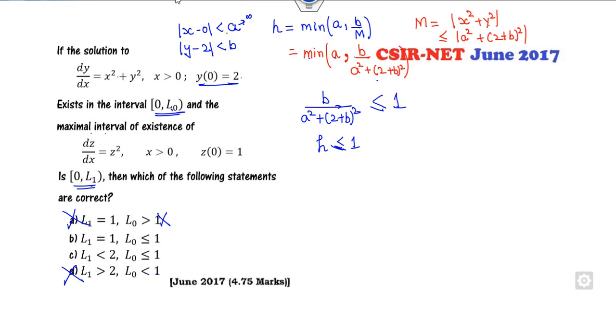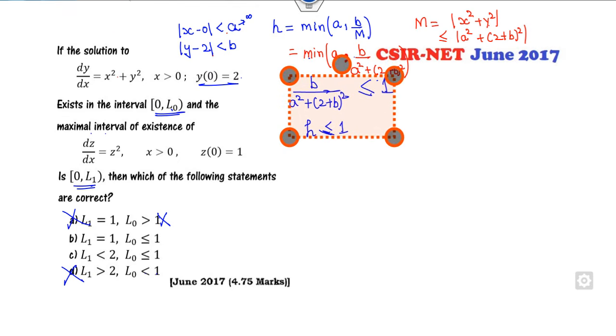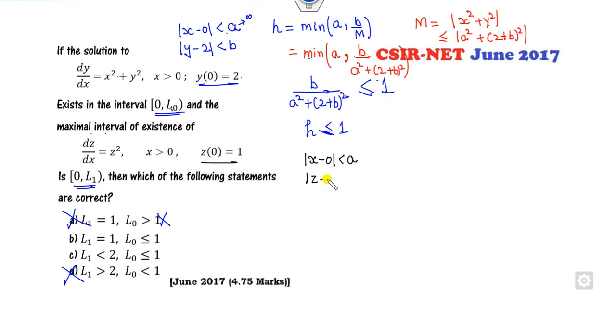Fine. Now we can think about the second part. Again, for this case, I can write x minus 0 is less than a and z minus 1 is less than b, and in this case h will be the minimum of a, b over M. So for that case I can find M is the maximum of z square.